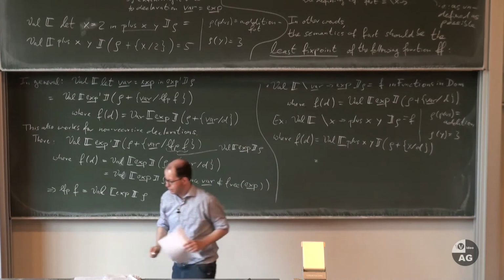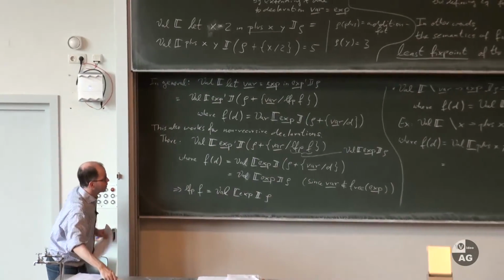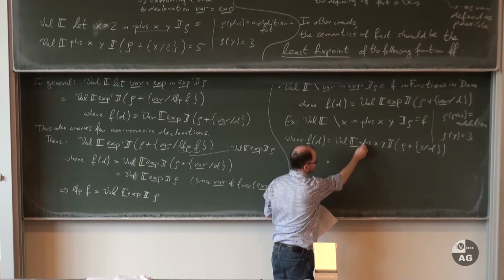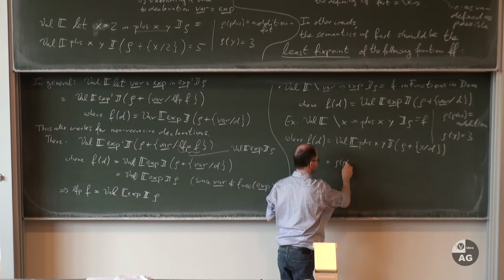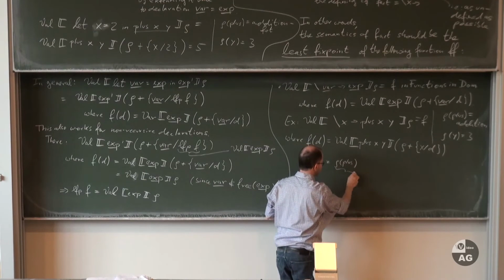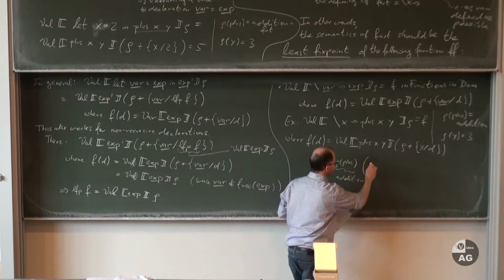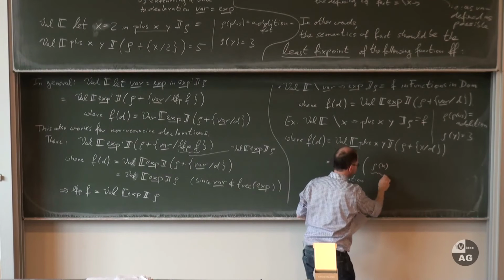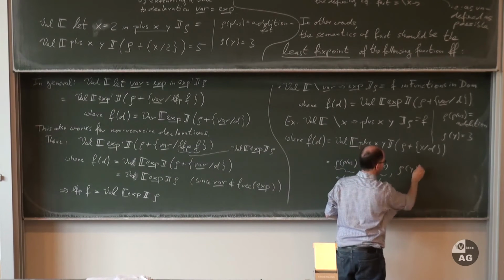And, well, what's that? In the end, it's the application of the semantics of this. So it's rho of plus, which is the addition function, applied to rho of x, which is d, and rho of y, which is 3.